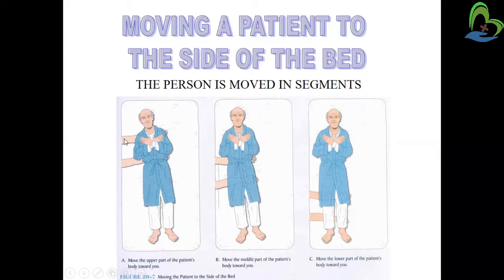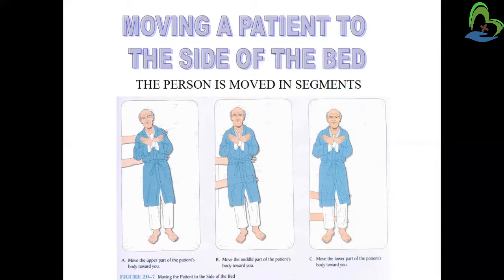As an assistant or nurse, we place our hands under the patient's shoulder and back and move the patient's body toward our body, so we can easily move the patient.